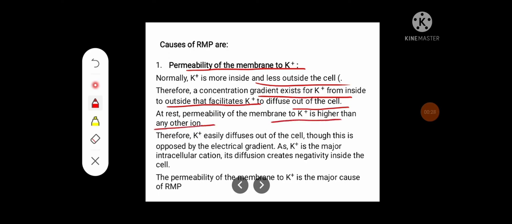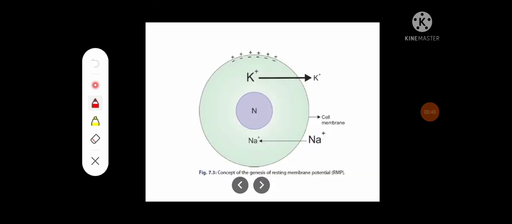Therefore, potassium easily diffuses out of the cell through this, and it is opposed by the electrical gradient. As potassium is the major intracellular cation, its diffusion creates negativity inside the cell. The permeability of the membrane for potassium is a major cause of resting membrane potential.